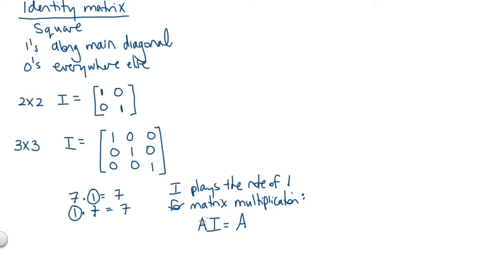So we take any matrix, multiply it by I, we get our original matrix back. And the order here of this particular multiplication doesn't matter. So if we take the identity matrix times A in that order, we get our original matrix A. So this is true for any matrix A.